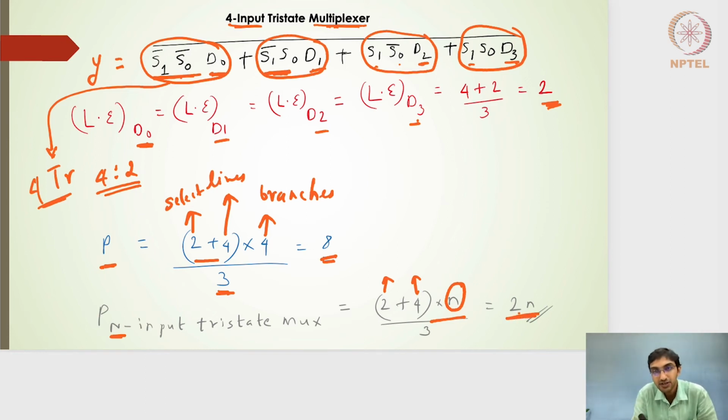Remember that the logical effort still remains 2 here for the inputs. Even in the 2 input Tristate multiplexer, it was still 2. So the logical effort doesn't change for an n input multiplexer if you are designing via the Tristate. So that is a clear-cut advantage.